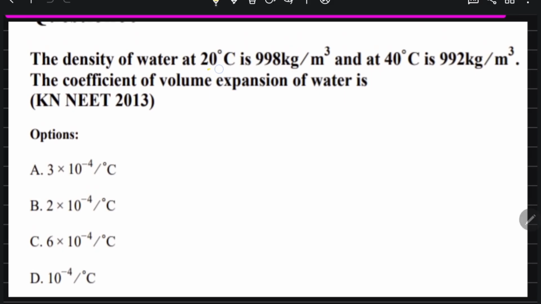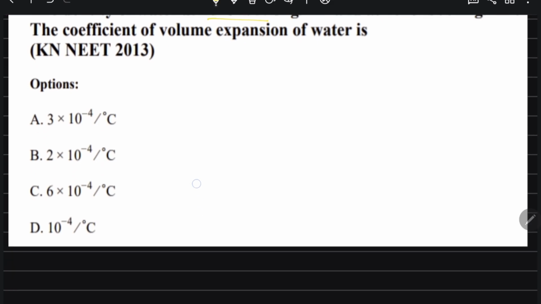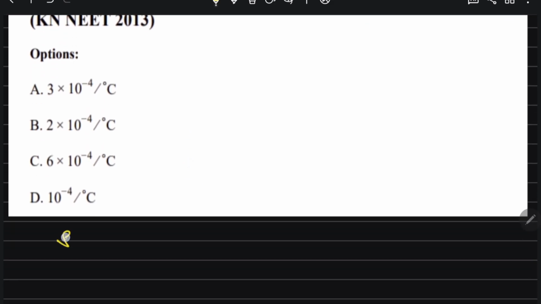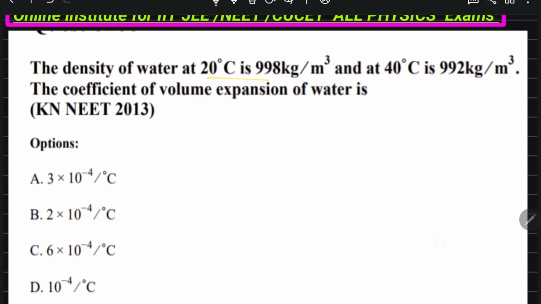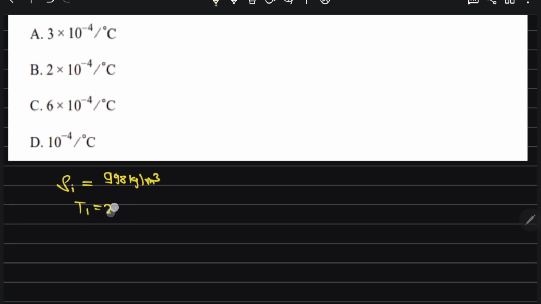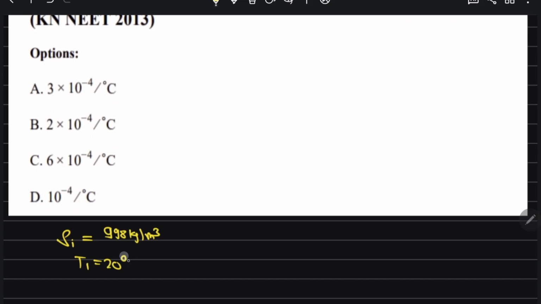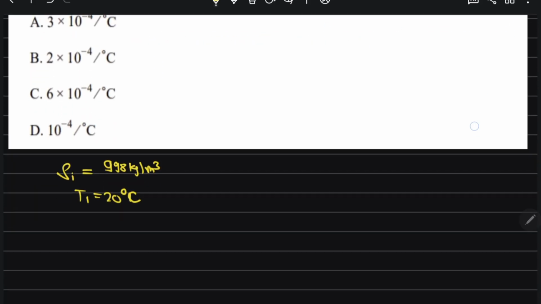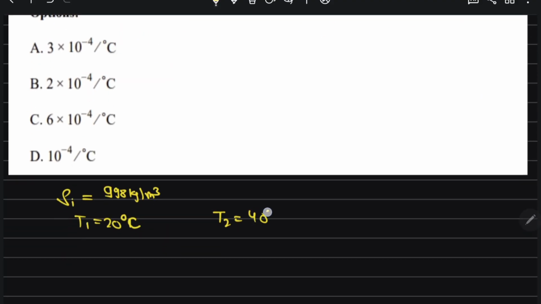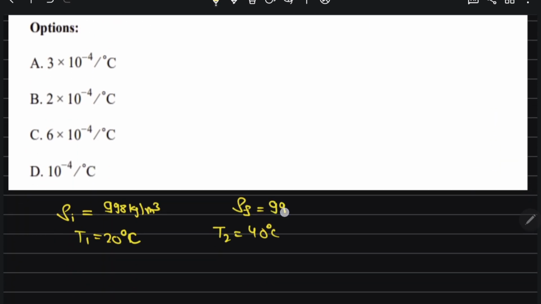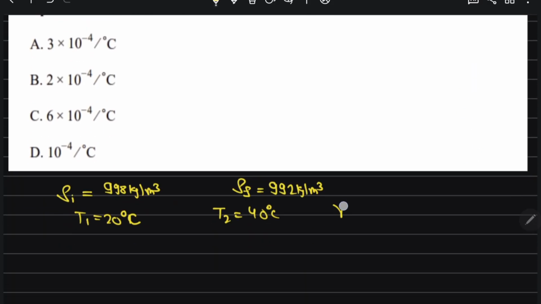The density of water at 20 degrees Celsius, this is the initial density, they have given as 998 kg per meter cube, at T1 which is 20 degrees Celsius, and at T2 which is 40 degrees Celsius, rho final becomes 992 kg per meter cube. They are asking for the coefficient gamma.